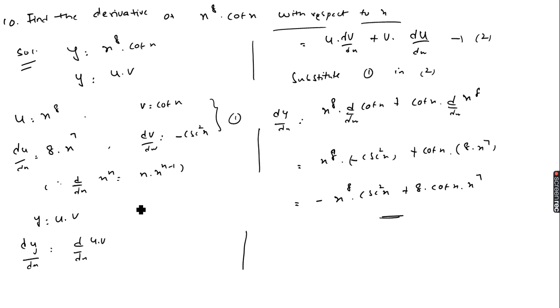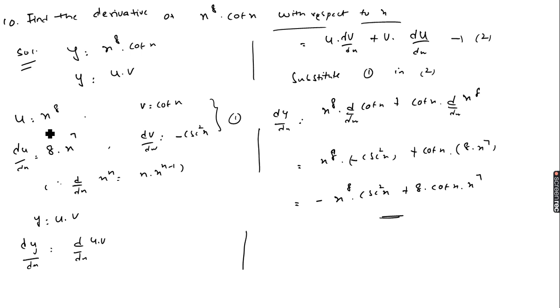So here the question is to differentiate x power 8 into cot x with respect to x. First, we observe that this is a u into v form. This is a function of x, and two functions are involved: one is x power 8, another is cot x. For u, x power 8, and v equal to cot x. So du by dx is 8 into x to the power of 7; the basic formula needed is n into x to the power of n minus 1.